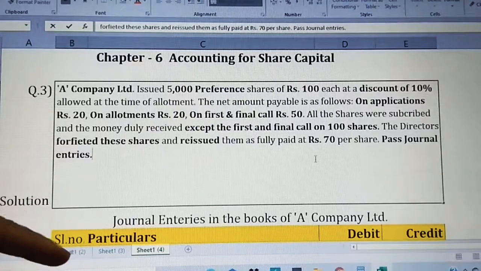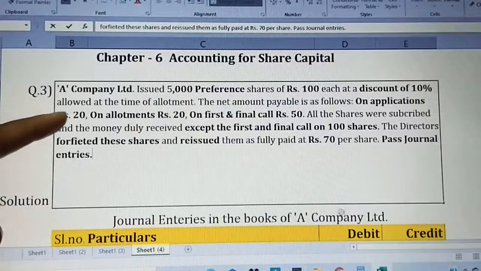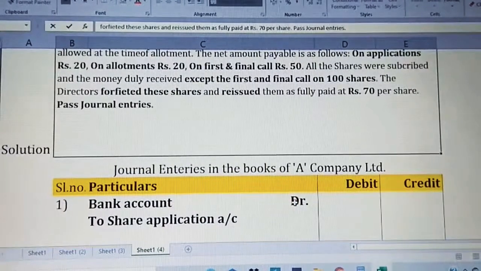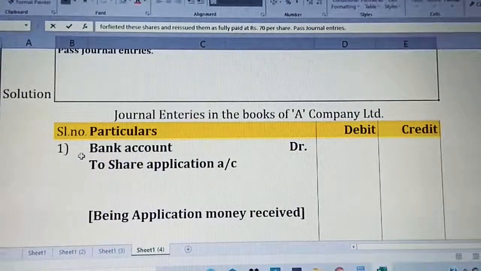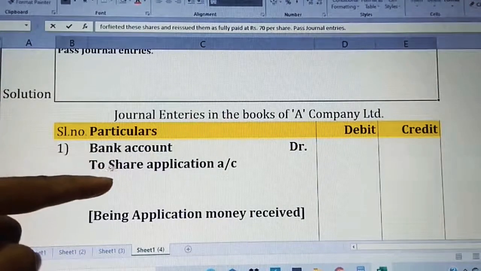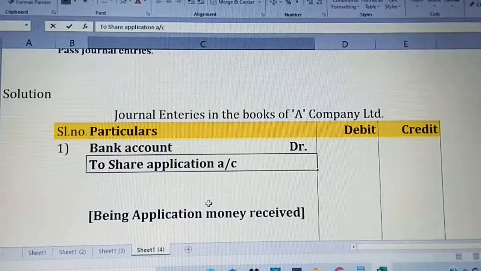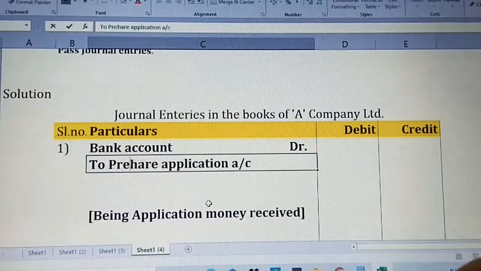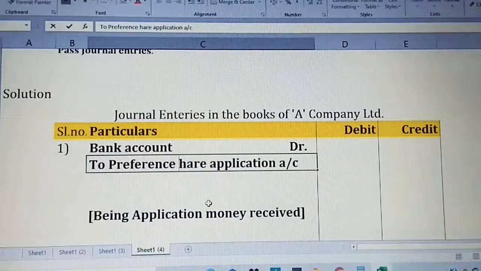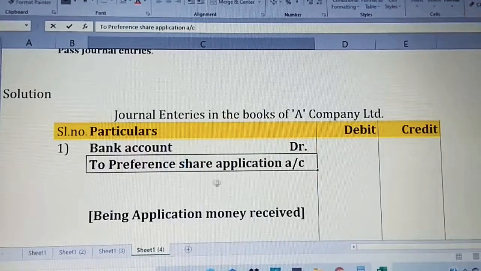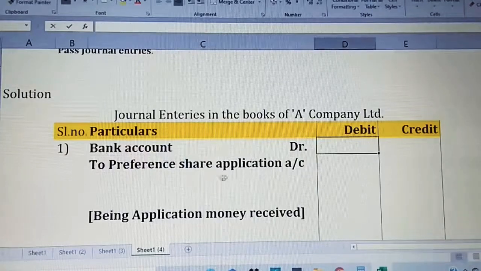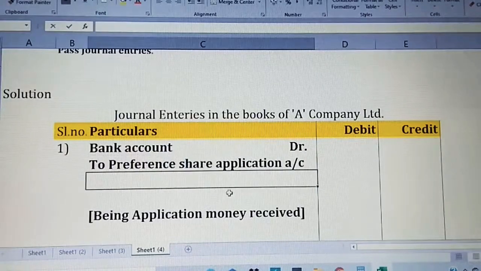Coming to the solution now, just observe: journal entries in the books of A Company Limited. I have already entered the name. Now let us go for the first entry. First is application money received. Bank account debit to. We are supposed to make a change. It is not share, it is preference share. Preference share application account, because we have the preference share issued.